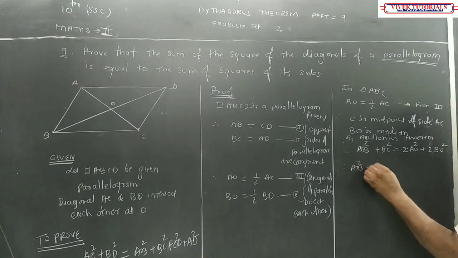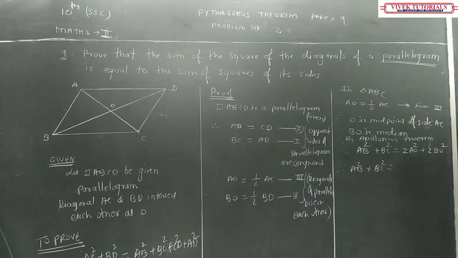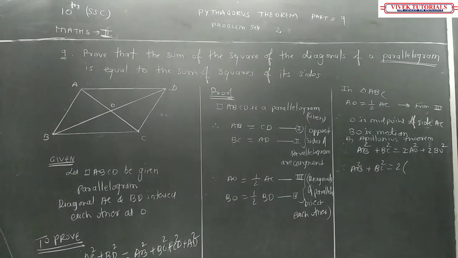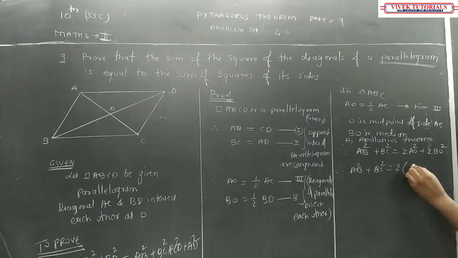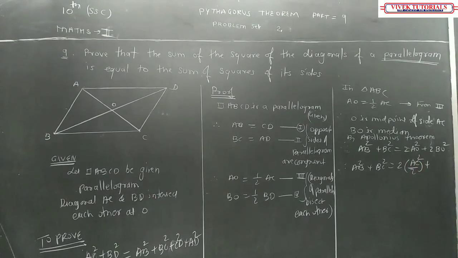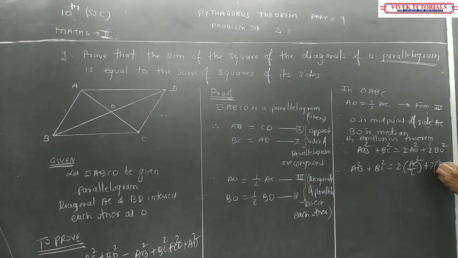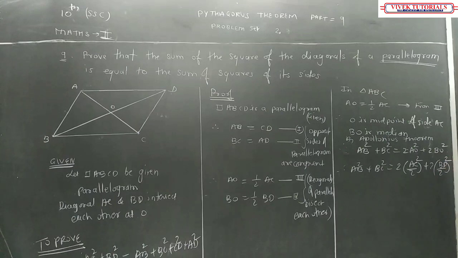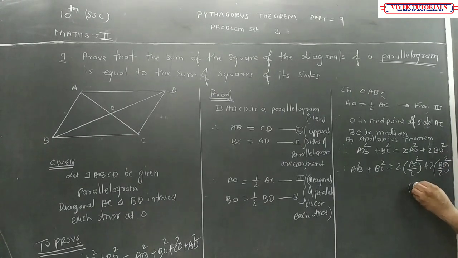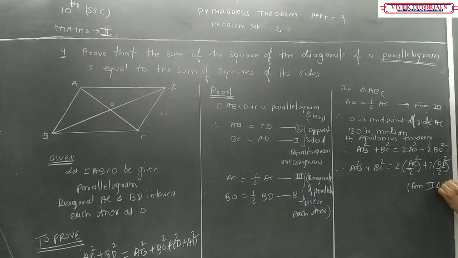Therefore, AB square plus BC square is equal to, instead of AO square, what I can write is, in bracket, instead of AO, we can write AC upon 2 the whole square, and 2, instead of BO, we can write BD upon 2 the whole square. So that will be from 3 and 4.